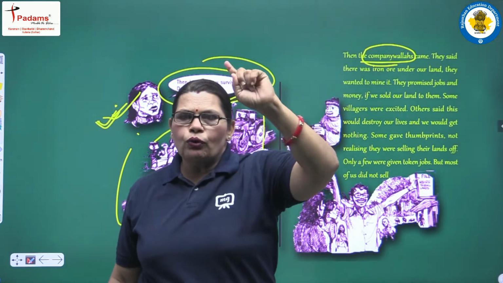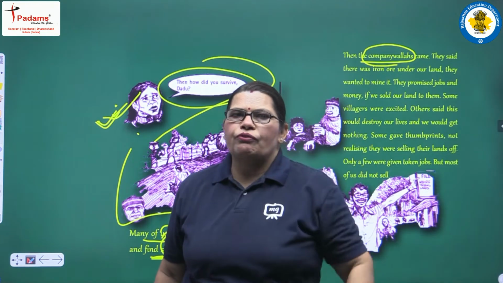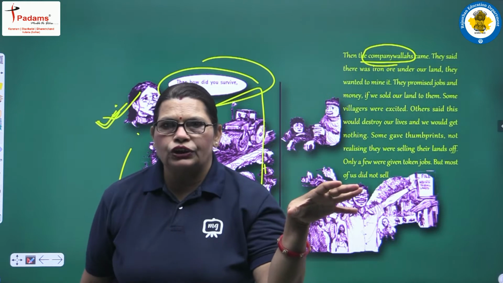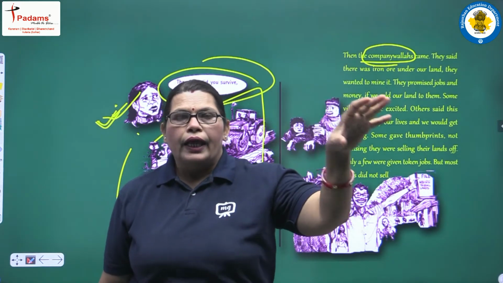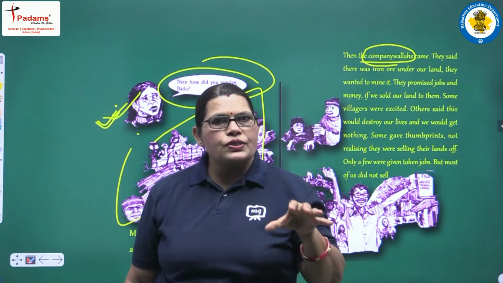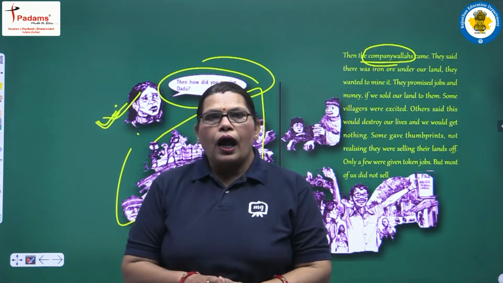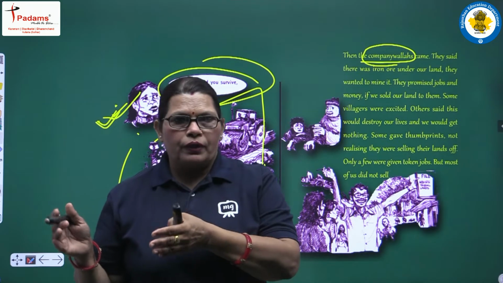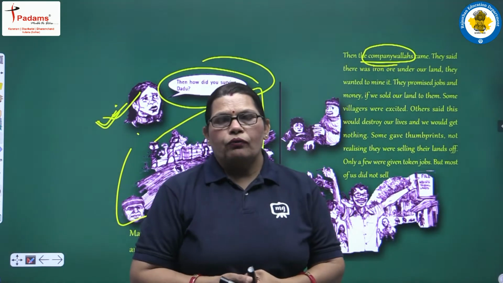See, one thing more, when we are considering the geography portion, students, we consider industrialization, the growth of industrialization, and in that we discussed the situations, how the Tata Group displaced people from there in the development of industries.